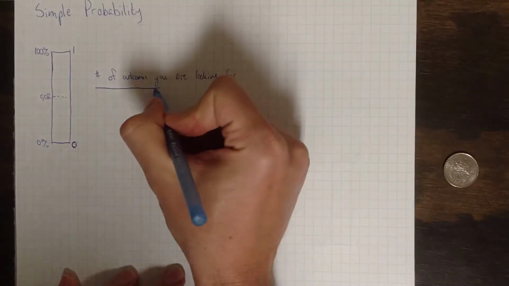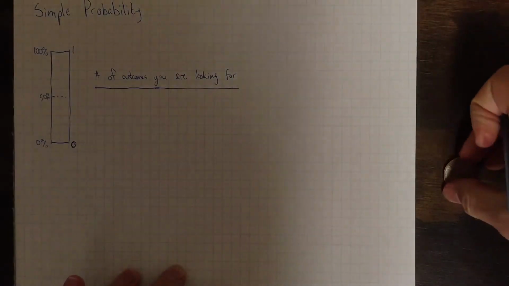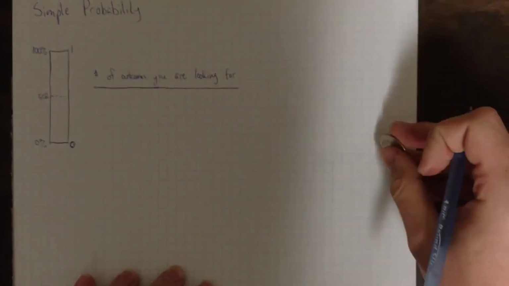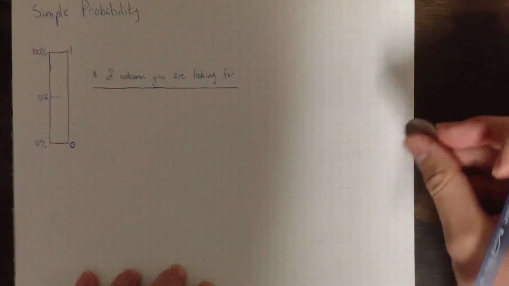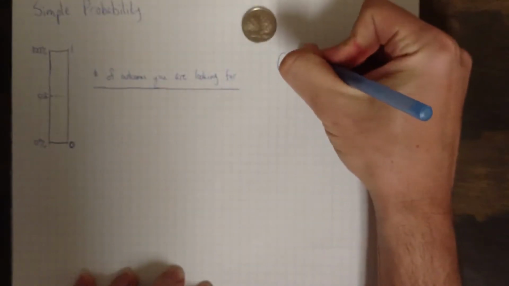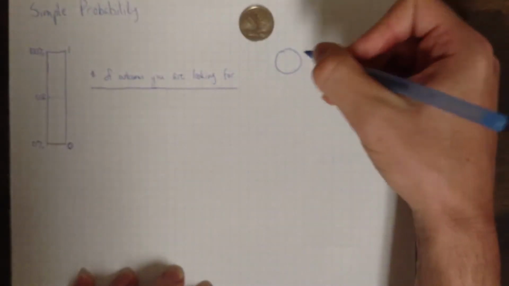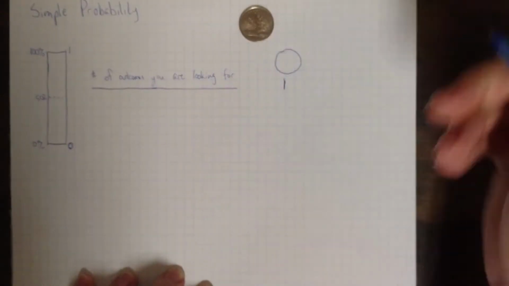It's a long fraction there. Number of outcomes you're looking for. Think about what's going to make you happy. So if you choose heads, how many heads are on a coin? So I'm going to put this coin here so we know we're talking about coins. And so you have one outcome that would make you happy if you choose heads.